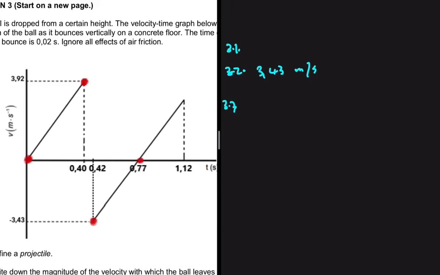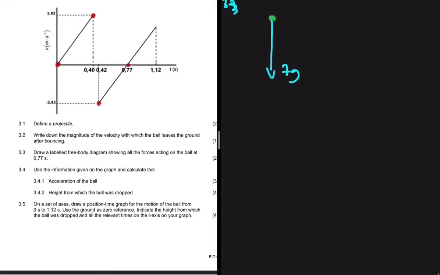It is still 9.8 meters per second squared downwards. So our free body diagram should look something like this. We have FG, right? And that is all that we are required to do for 3.3.